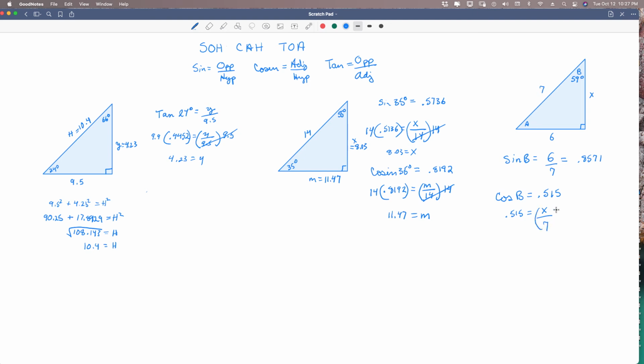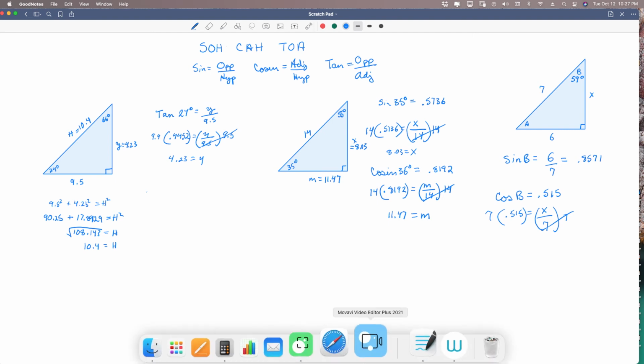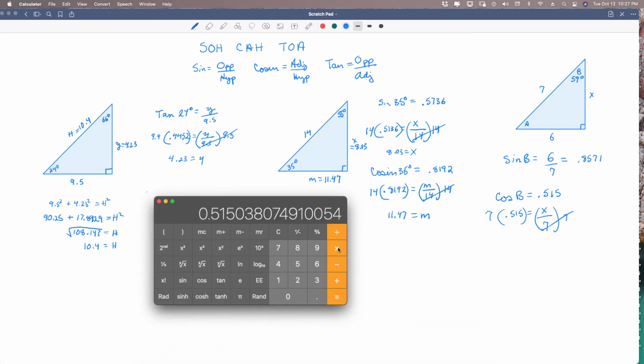Now we multiply both sides by 7. This cancels, and we multiply this by 7. And that gives us 3.6. We could say 3.61.